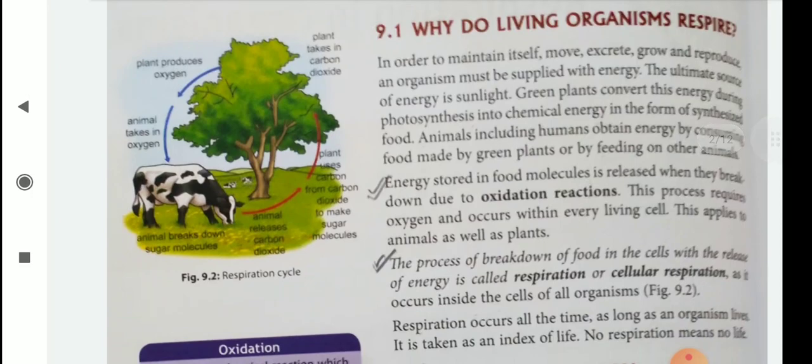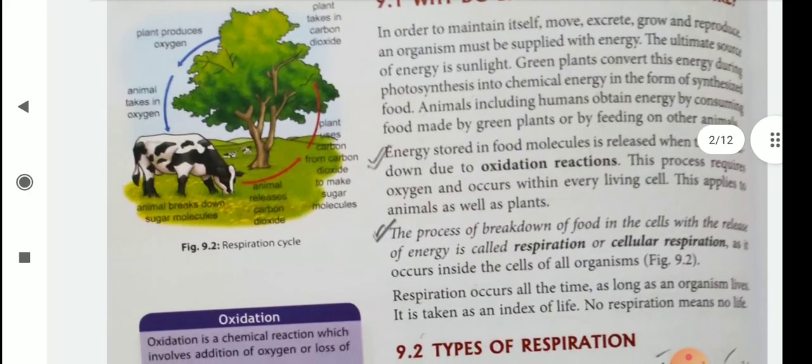So, energy stored in food molecules is released when they break down due to oxidation reaction. Okay. This process requires oxygen and occurs within every living cell. This applies to animals as well as plants. Okay.